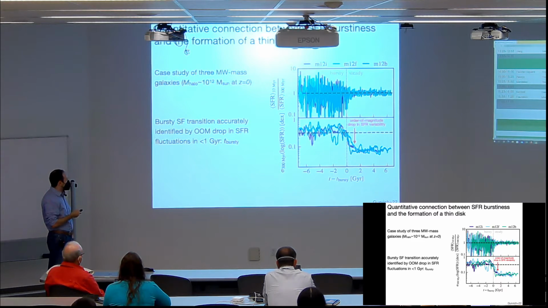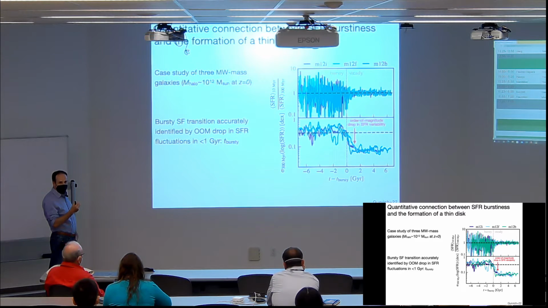And so what the panels here show is measures of the star formation rate variability in three independent Milky Way mass galaxies that were simulated. And what was done is to shift in time each one of these curves such that they all end the bursty star formation at this delta T of 0, relative to the end of bursty star formation, the time we labeled T bursty.